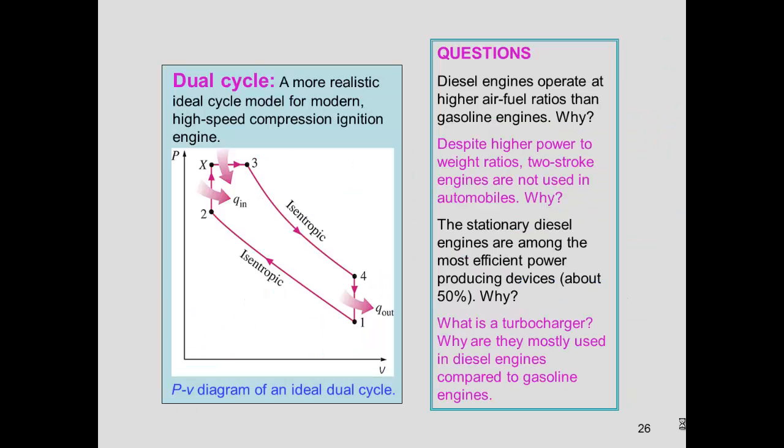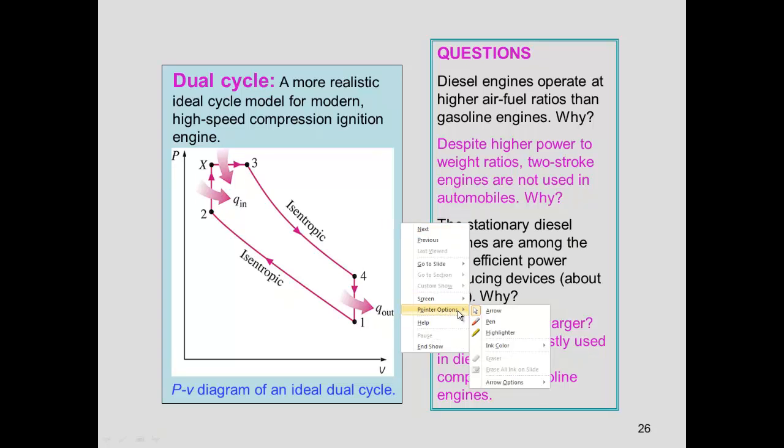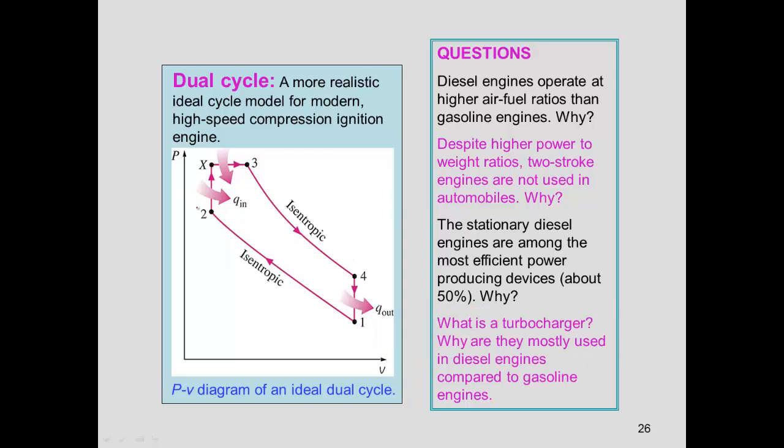Finally, we have a combination that we will call the dual cycle, and in this dual cycle we have some part that will be at constant volume and then some part that will be at constant pressure, and so the difference here will be again in this section, right?